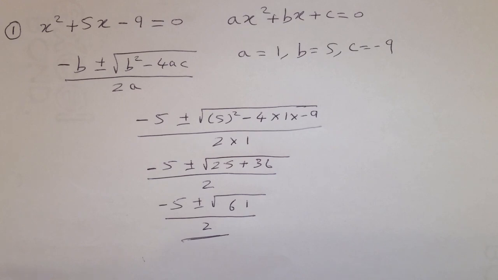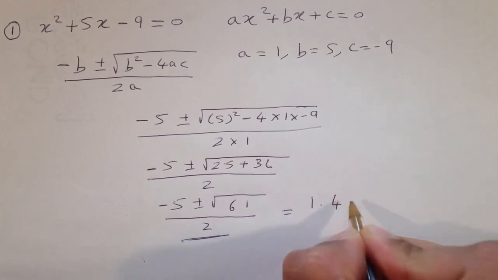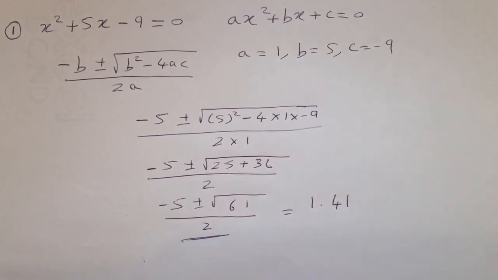If it's a calculator paper, you put this on the calculator exactly. You don't even have to worry about all those other steps. Whichever step you put on the calculator, you will get the final answer, but you have to do two separate calculations. First, minus 5 plus root 61 over 2 gives 1.41, which is a 2 decimal place answer.